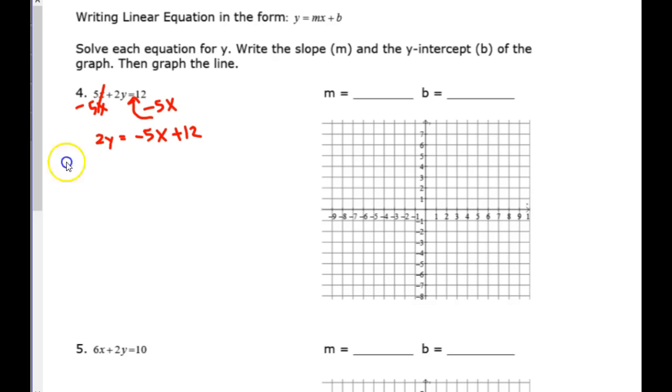What's my second step? Divide by 2. And then I get y equals negative 5 over 2x plus 6. Alright, so y'all are able to graph that because you know to graph the b first and then rise over run.